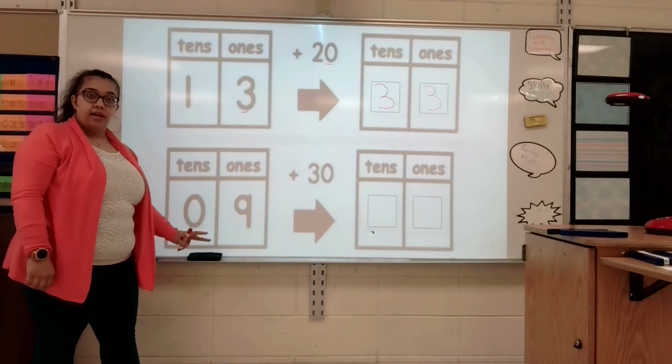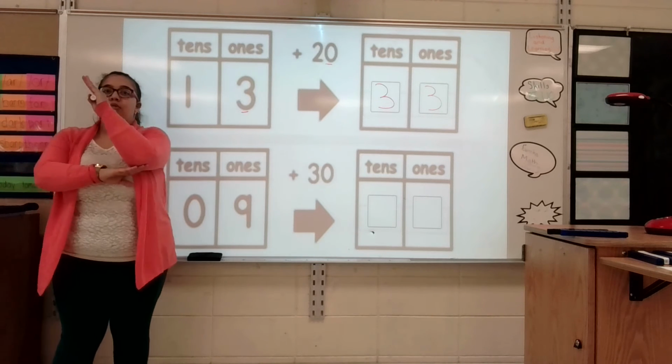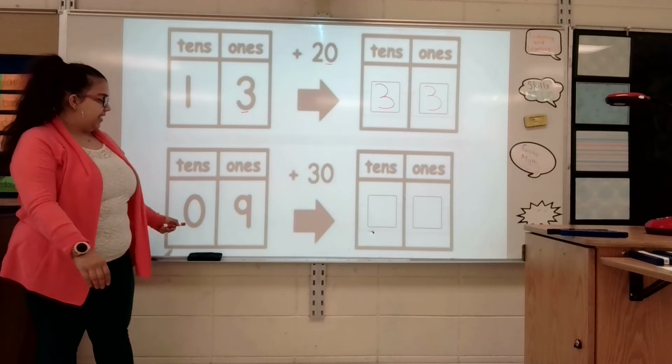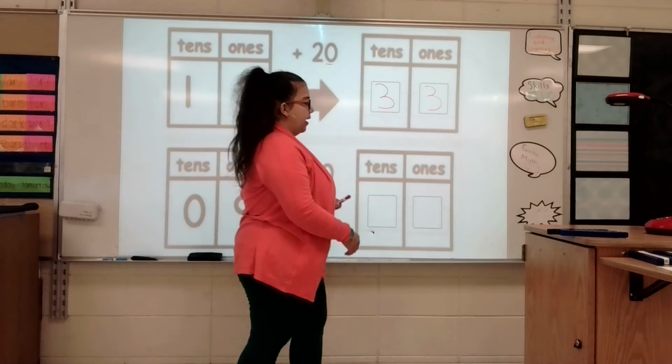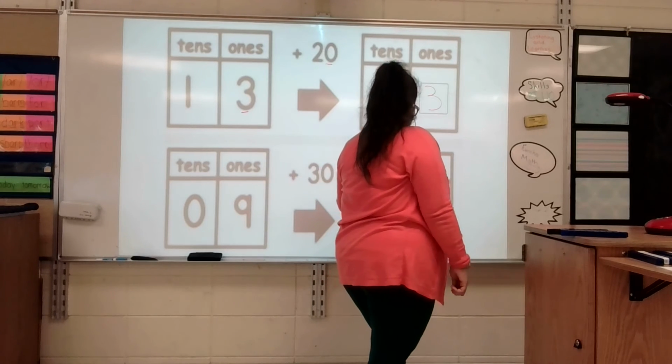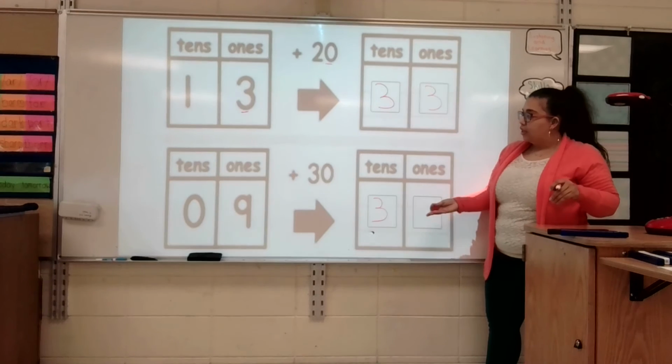Numbers are symbols, letters are symbols, words are groups of symbols, symbols are symbols. So from 0 tens, we're going to increase by 3 tens. So no tens plus 3 tens is 3 tens.